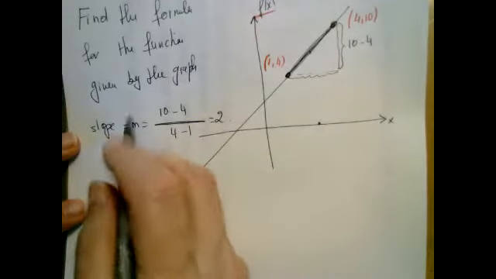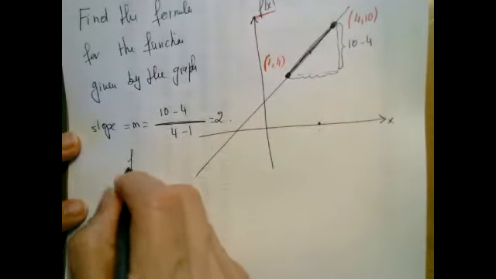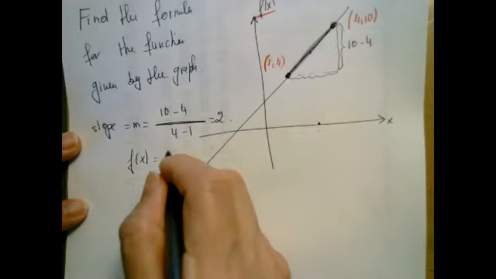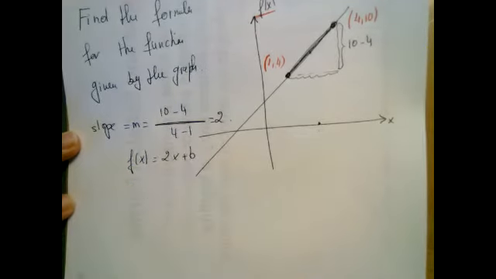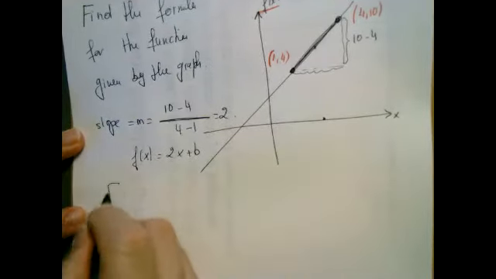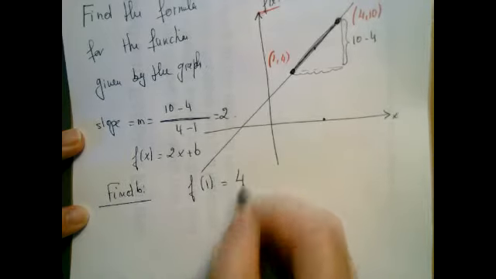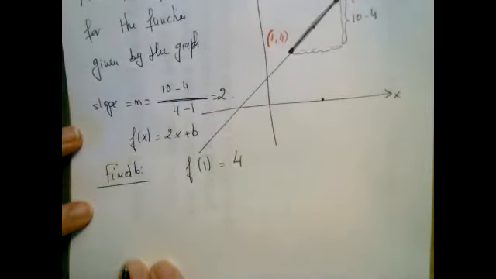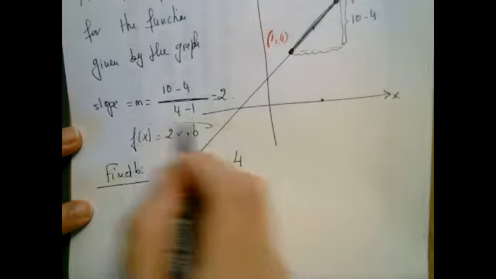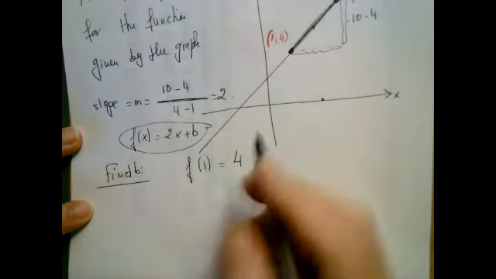So what's the formula now? If this is the slope, the function has the form 2x plus b, as you know. Now I need my b. We use a point, the point (1, 4) on the line. It means the function should take 1 to 4. This allows me to find b.